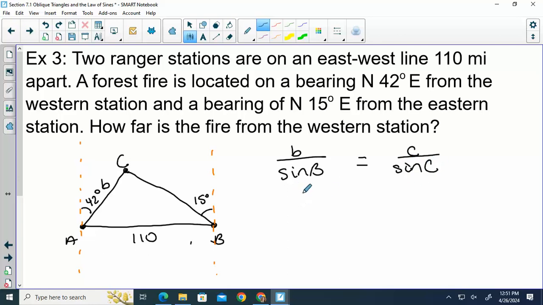All right, so if we plug in what we have, side B we do not know. Can we figure out angle B? Yes, because this is a north-south and an east-west line. When they meet, what kind of angle is it? Right. Okay, so 90 minus 15, 75. So, B over the sine of 75 degrees equals side C, which was 110, over, can I find angle C? Yep.